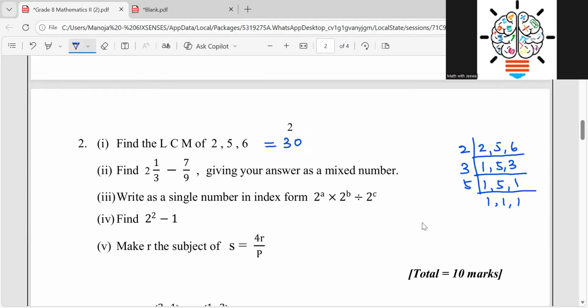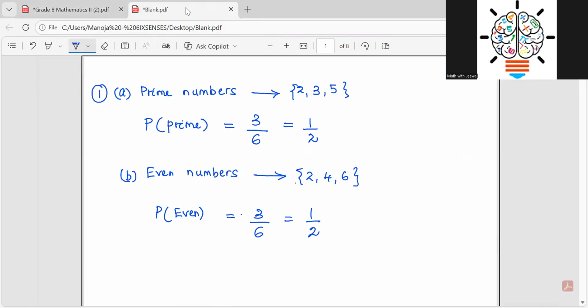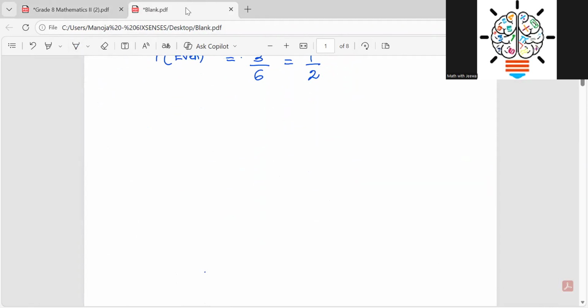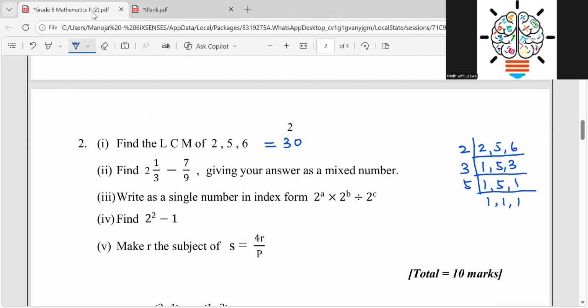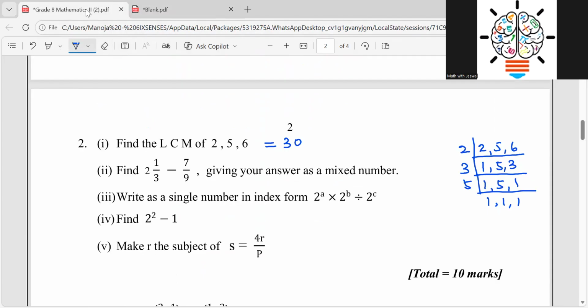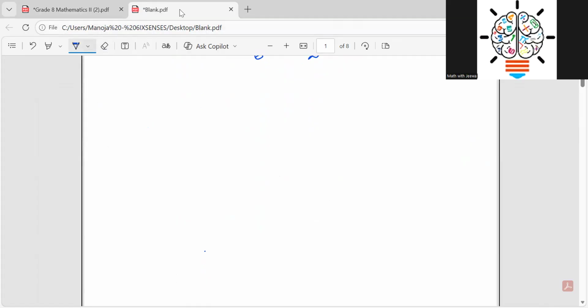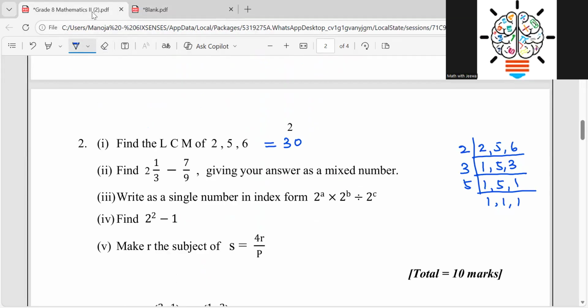And when you have this kind of thing, children, if you can remember, I told you, always when I have a mixed number, I convert the mixed number into an improper fraction. Here it is 7 over 3 subtract 7 over 9.